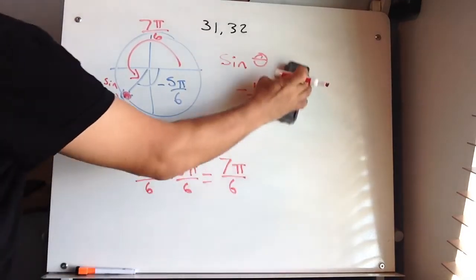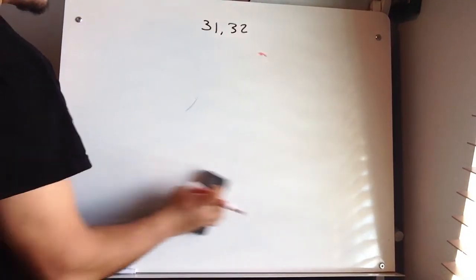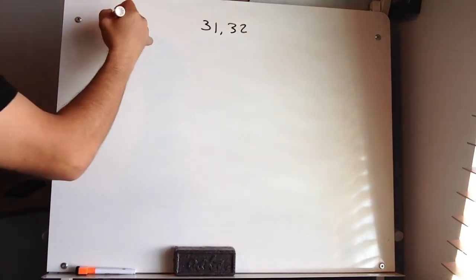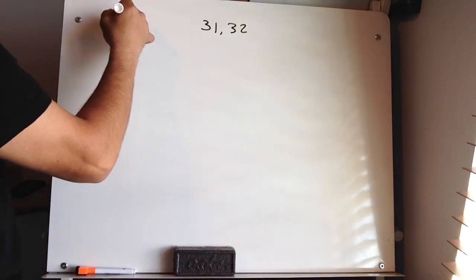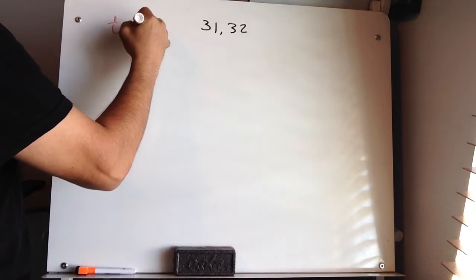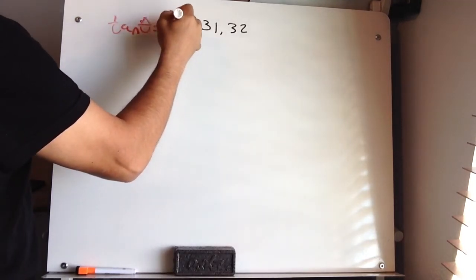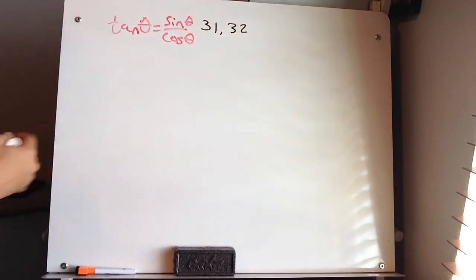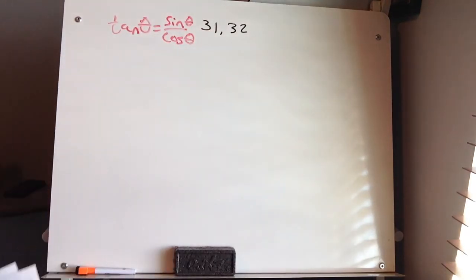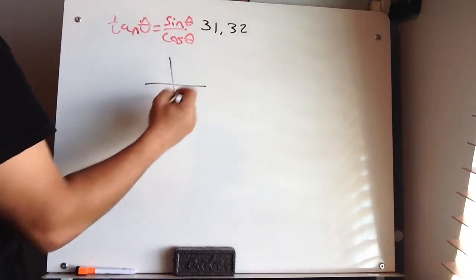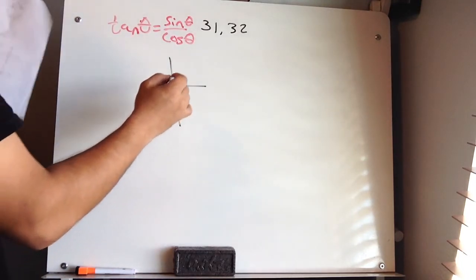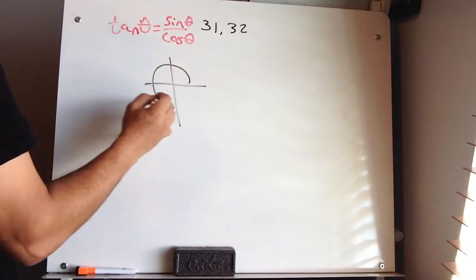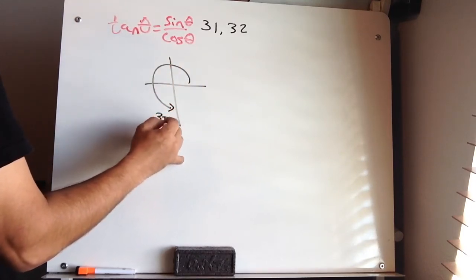Number 32 has to do with tangent. Just a flashback: tangent theta is sine theta over cosine theta. Remember that, because that's what's going to be important for this example. Here's a unit circle, and what is the location when it goes all the way to 3 pi over 2?